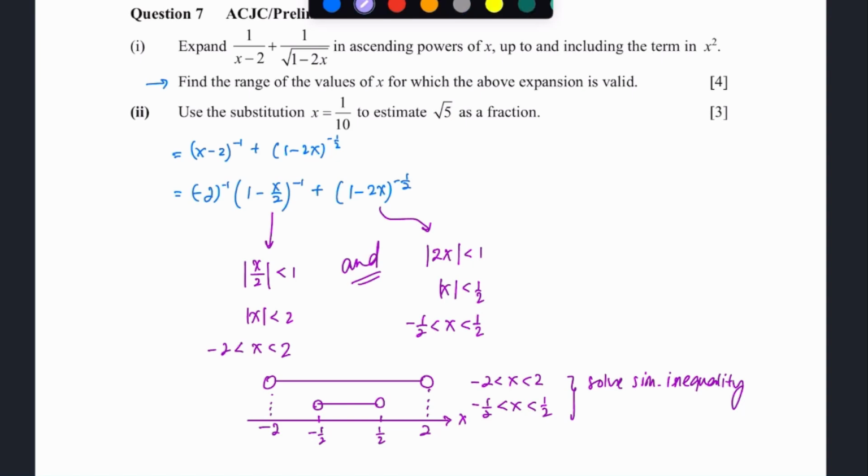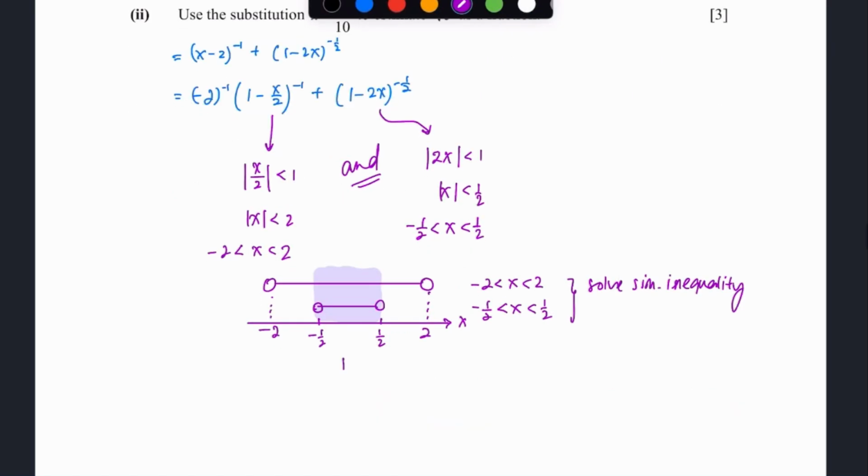The concept is we need to take the intersection, the overlapping part, which is over here. Because of this, our full range of validity would be between negative half and half, non-inclusive. So this is the full picture.